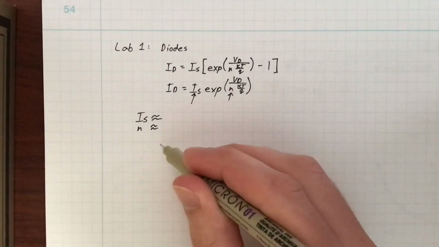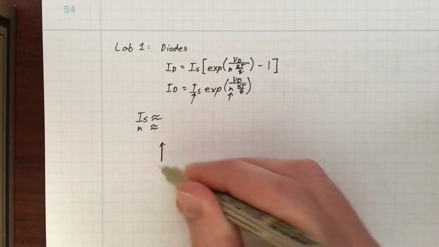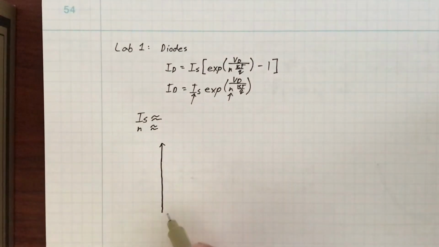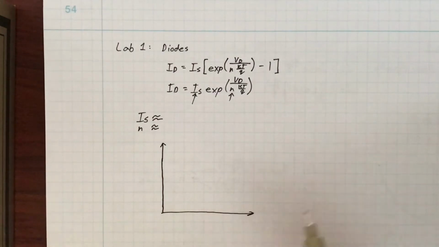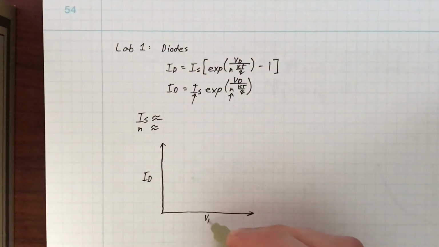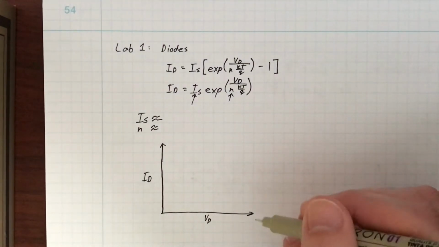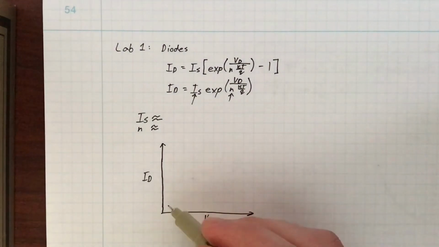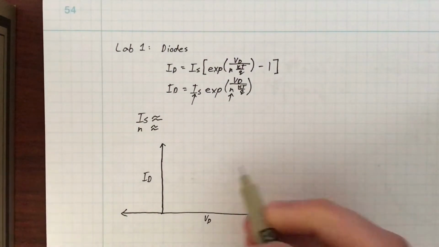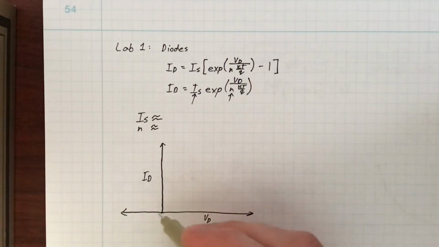So let's make a little plot here, which you've seen in class or in your textbook, where we plot ID versus VD. Current through the diode versus the voltage across the diode. And we could extract that in the negative direction as well, since you can reverse bias the diode.